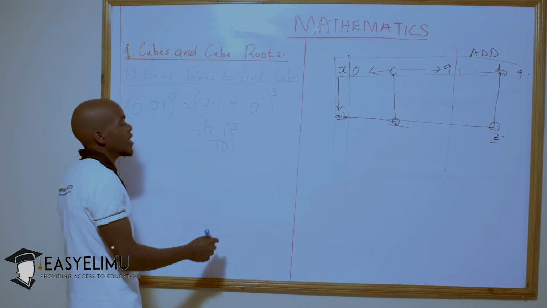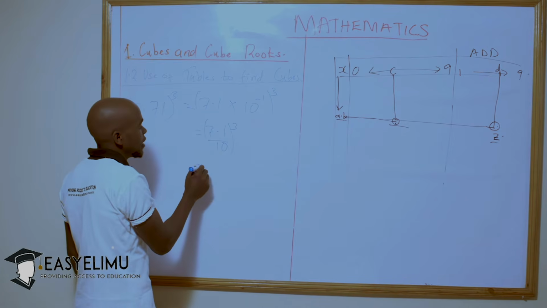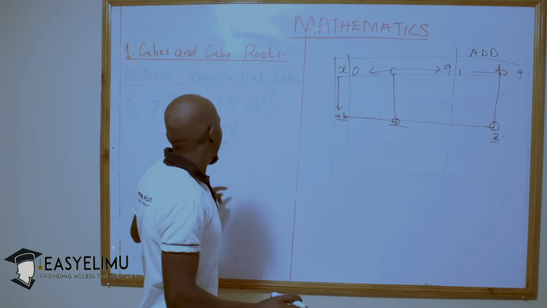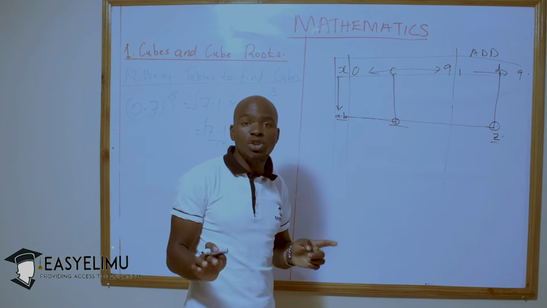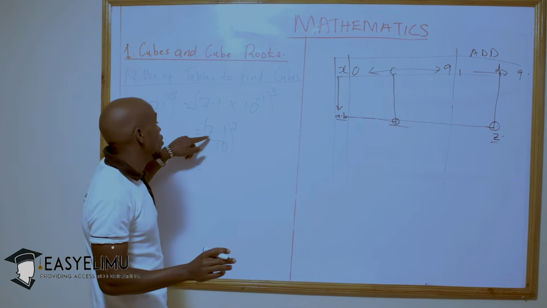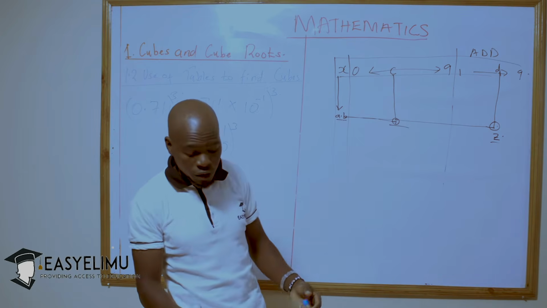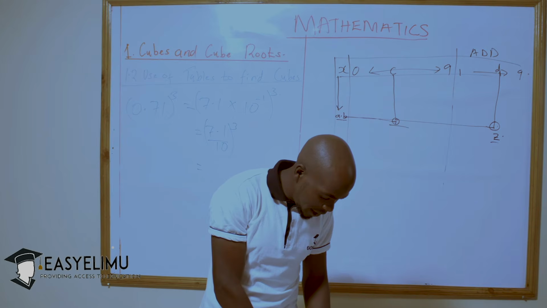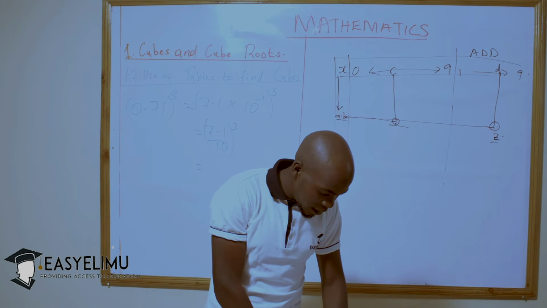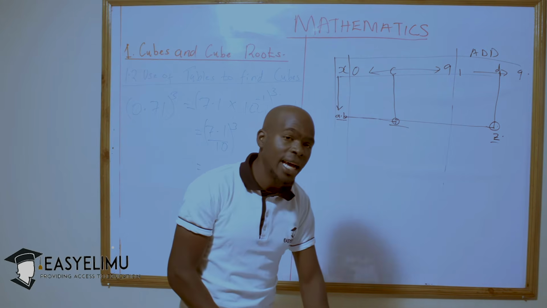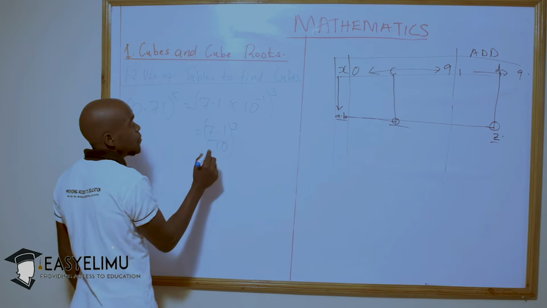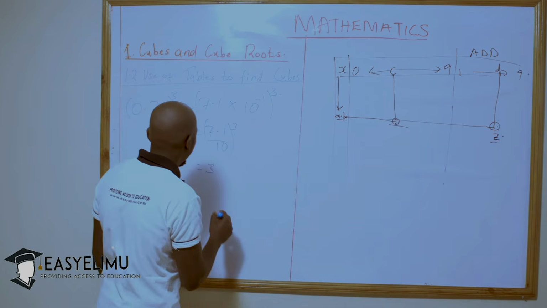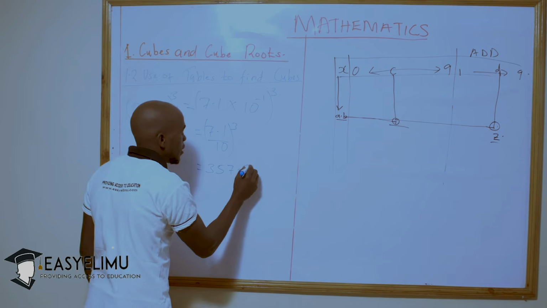If that is the case, then we have to find 7.1 using the table. It is just 7.1, with no additional digit in the decimal place, so it will be 7.1 under the column of 0. On locating 7.1, you will find it is 357.9, meaning the cube of 7.1 is 357.9.